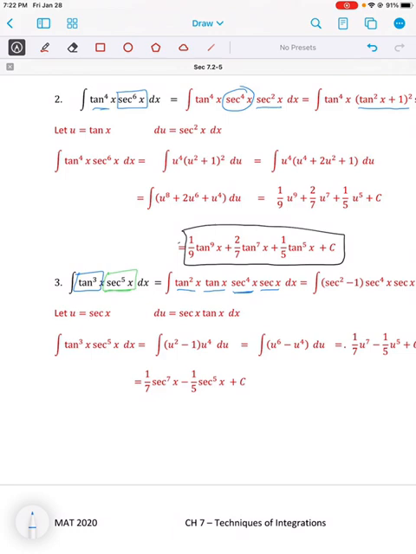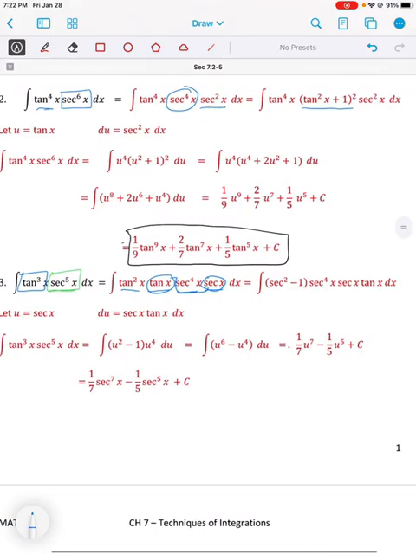Now we will put the tangent x and the secant x together. That's what I did over here. And then the secant to the 4x, which we have in this case, I left as it is, but the even power of tangent, we are going to change to secant. So tangent square x is going to be written as secant square x minus 1.